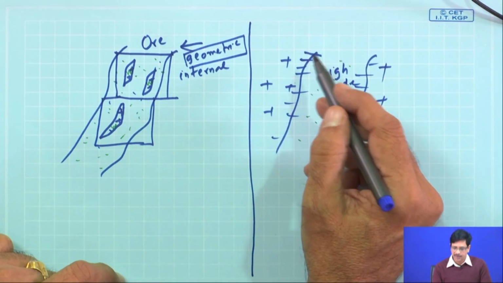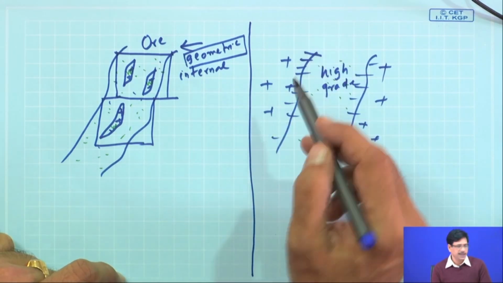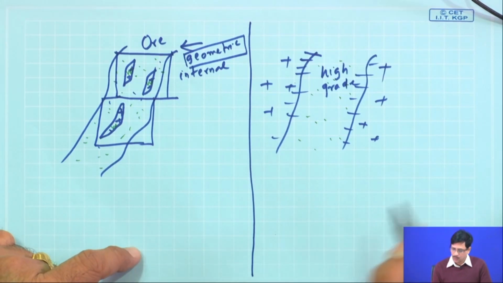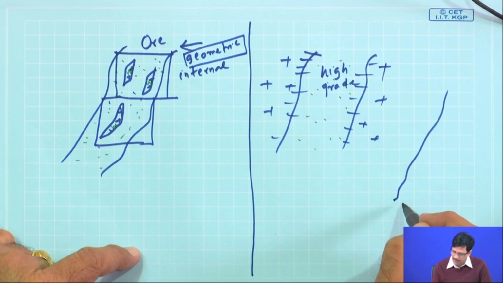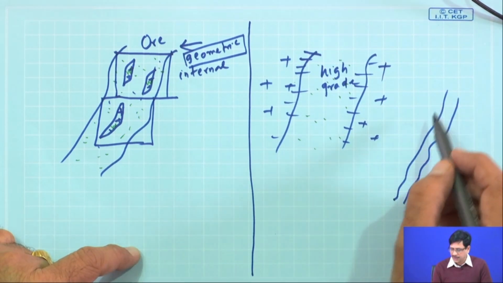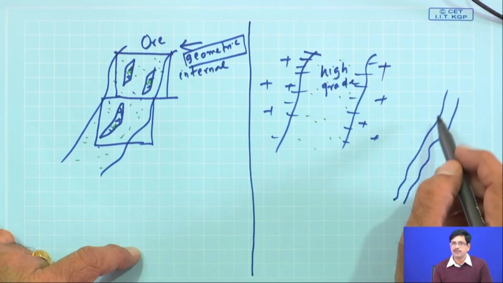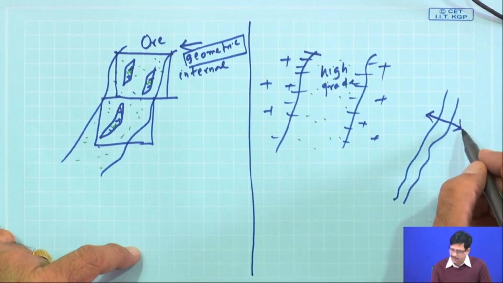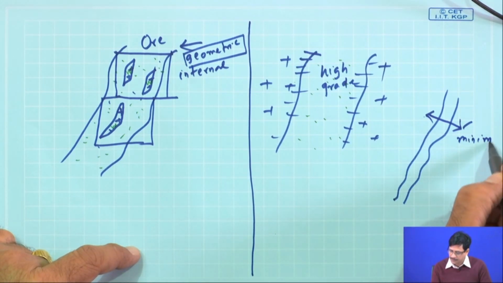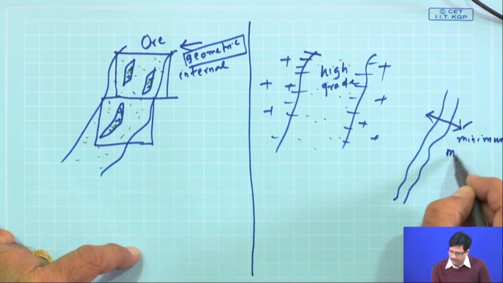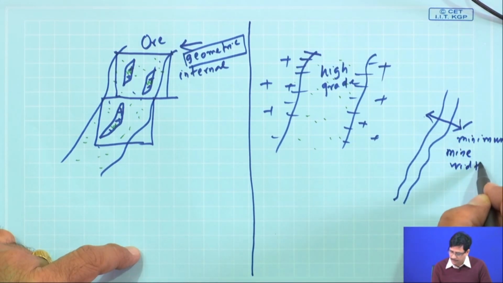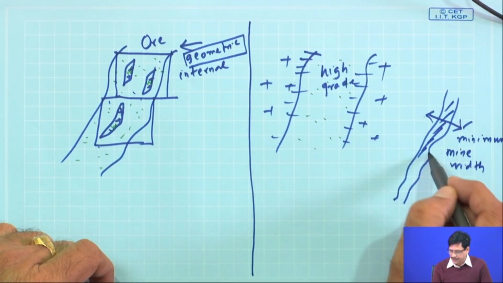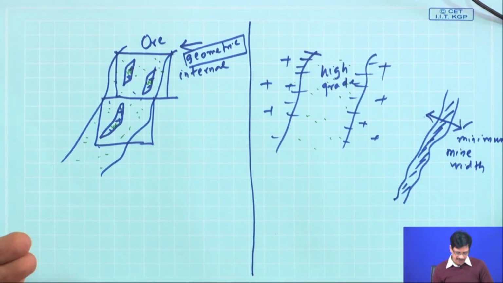Sometimes it may also be caused because of stability issues, for example, the nature of the rock. It might also so happen that if an ore body is being mined in underground mining, where the minimum mine width is this, if this is the minimum mine width, and it is more than the width of the ore body, then there will be some amount of dilution which cannot be avoided.